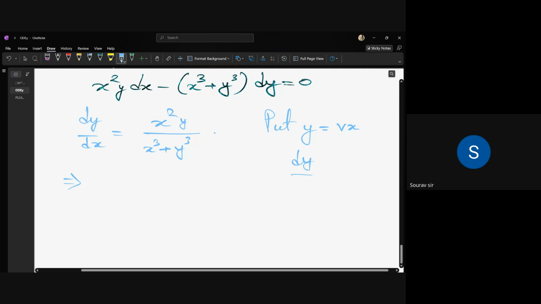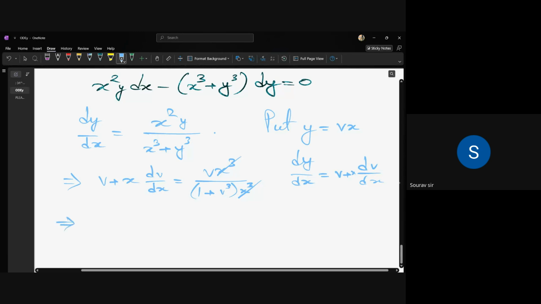Our dy by dx is now v plus x dv by dx. Then we get v plus x dv by dx equals vx cube by 1 plus v cube whole times x cube. This and this will be cancelled out.